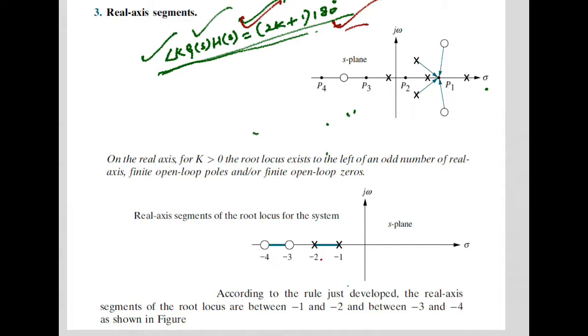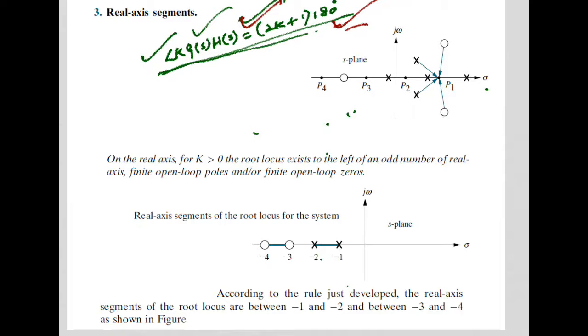From this definition we will see that if the point is here, then we have an odd number of poles to the left, so the root locus exists for this point. Here we have an even number of poles to the left, so the root locus does not exist. Here we have an odd number of poles and zeros to the left, and the root locus exists for this case. So I think this point is clear, how the root locus exists in case of real axis segments.